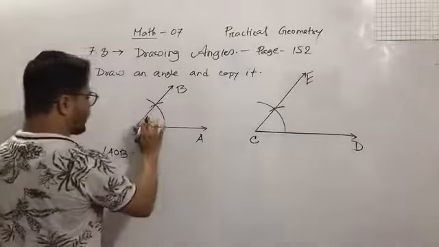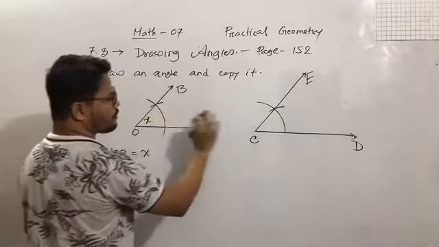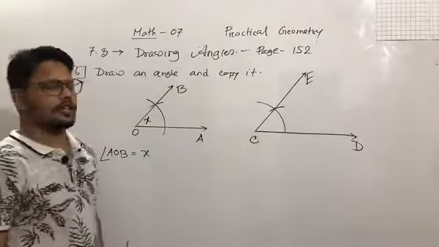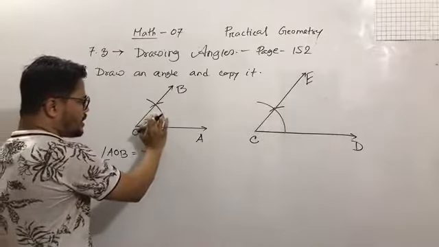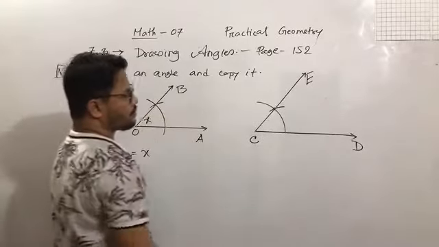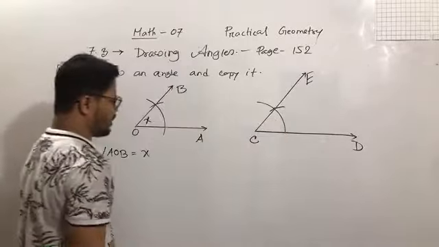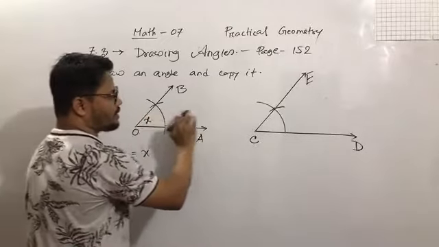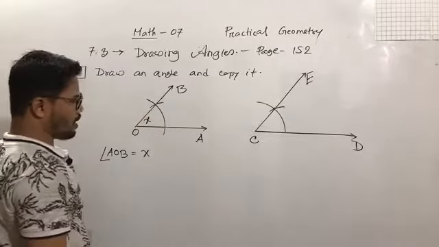If this angle is 45 degree, this one will be 45 degree. If this angle is 60 degree, this one will be 60 degree. So this is the exact copy of this one.